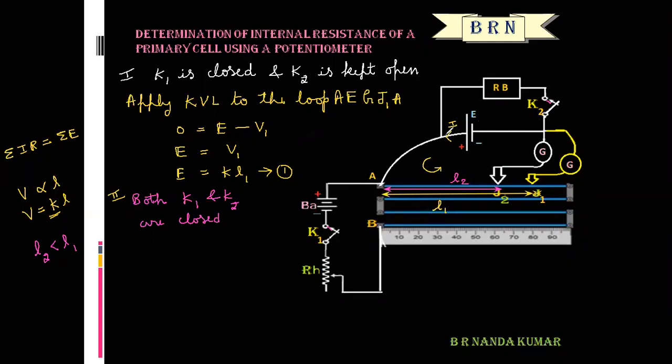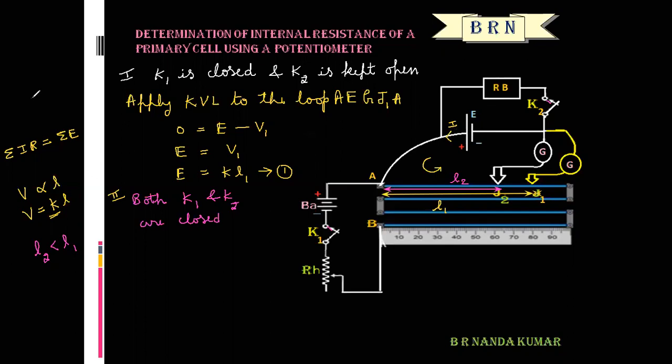The potential difference across the cell is actually called the terminal potential difference. In the first part we get the EMF. EMF means the potential difference across the terminals of the cell when the cell is in open circuit. But here the cell is in a closed circuit, so that is not EMF, that is the terminal potential difference.